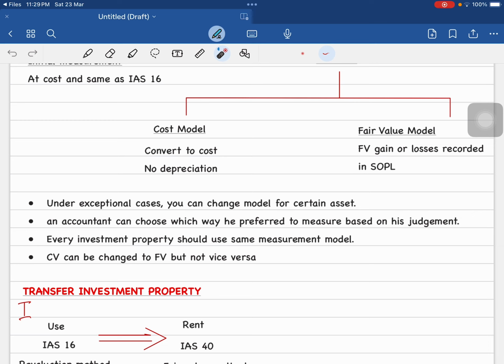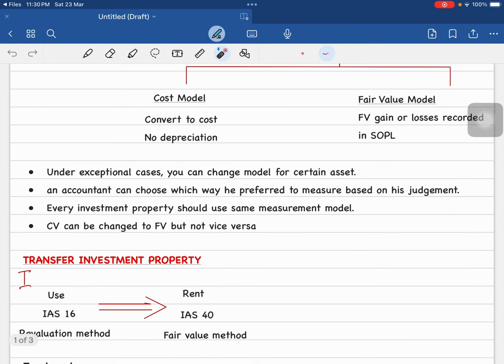If the accountant feels the cost model is right, where the asset is recorded only at its cost, then the accountant may do so. All investment property under the same category should use the same measurement model. A carrying value can be changed into its fair value, but not the other way around. You can't change a fair value into a carrying value.